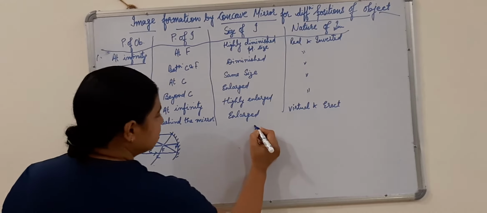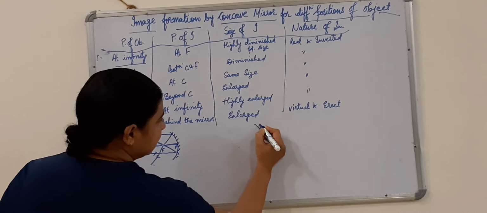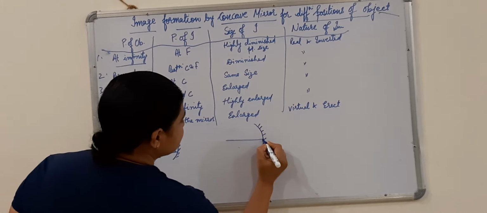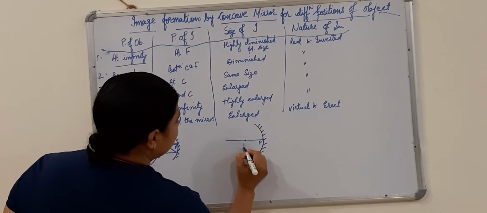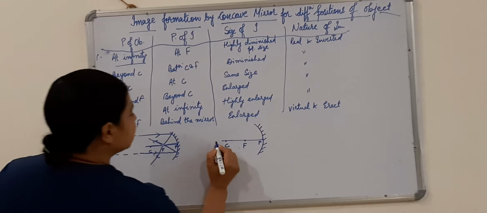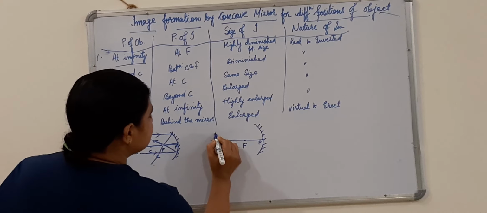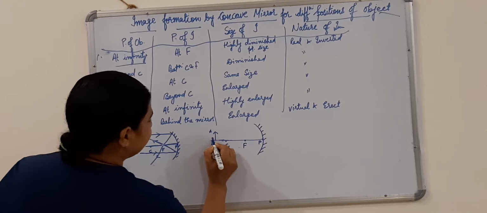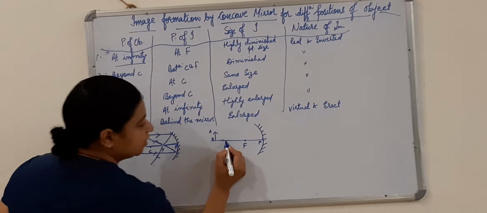Second position, now you see. Again, this is the polished surface, this is my principal axis, this is the pole, focus and center of curvature. Now my object is beyond C. Suppose this is my object, name of the object is AB. It is beyond the center of curvature.